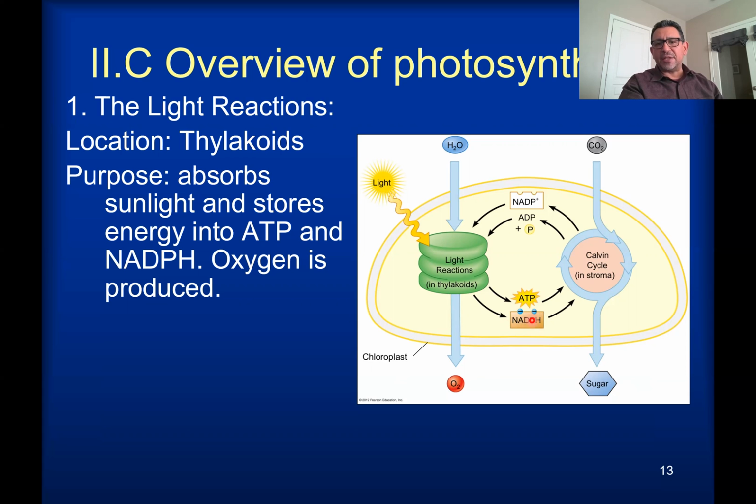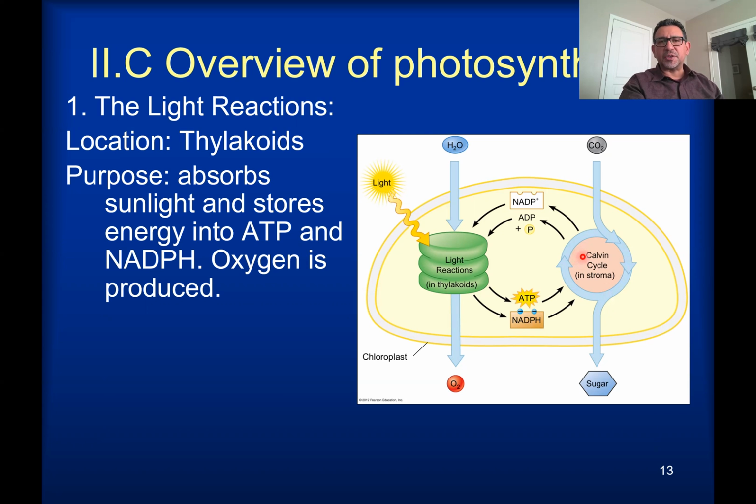So NADPH is going to be carrying pairs of electrons to the second stage of photosynthesis, which is the Calvin cycle. At the same time, during the light reactions, energy is going to be captured and stored temporarily in ATP. ATP will provide energy for the reactions of the Calvin cycle.